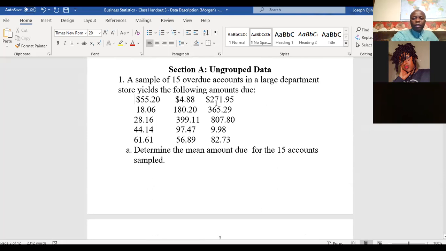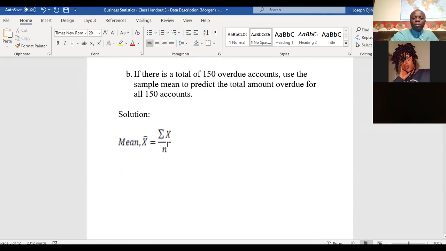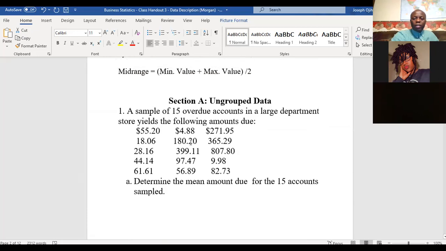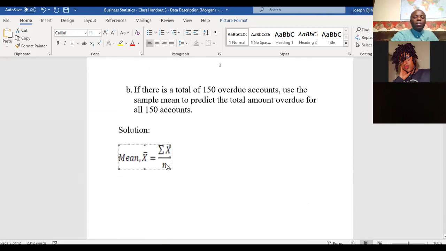See? So sum of x over n, that's the mean. So where this symbol here, x bar, represents the mean, this symbol is sigma, meaning sum of. And x represents all these numbers here, and n represents 15, which is how many of them. So taking you back to the workbook.